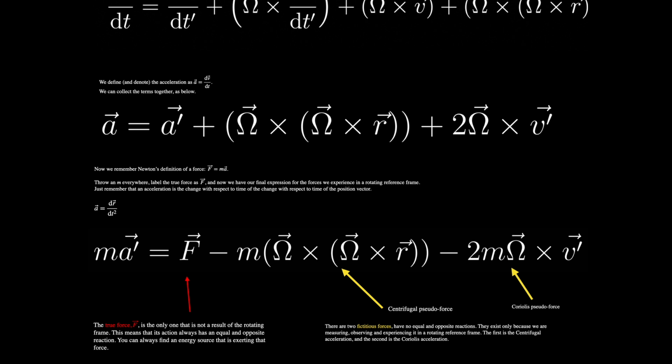Now, it's important to note that a mass times an acceleration is a force, but the only one that's actually real is the capital F. That's the Newtonian force from the first, second, and third laws that we defined before. The other two terms that we're subtracting off of the real force are pseudo forces, or fictitious forces, that arise because we are measuring inside of a rotating reference frame.